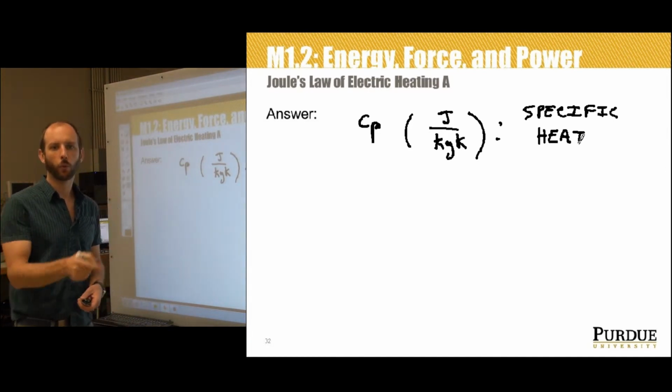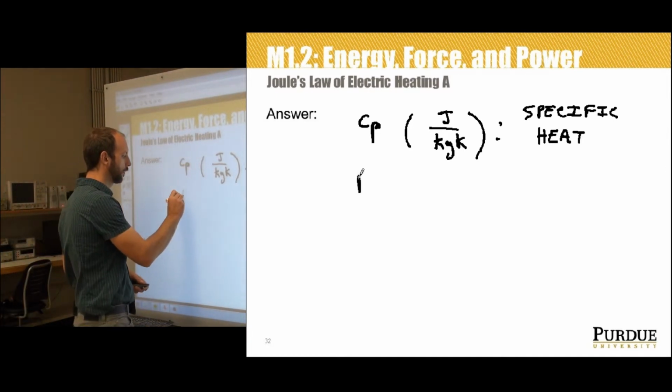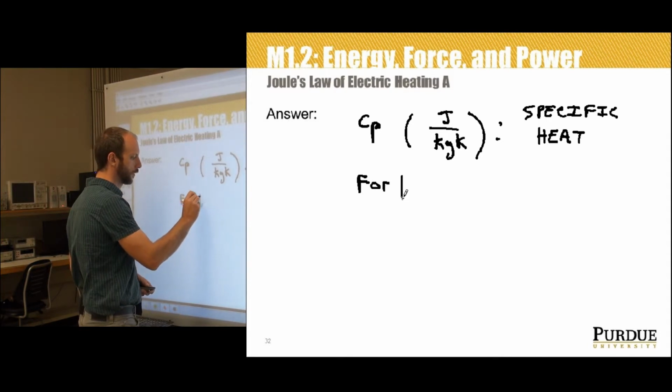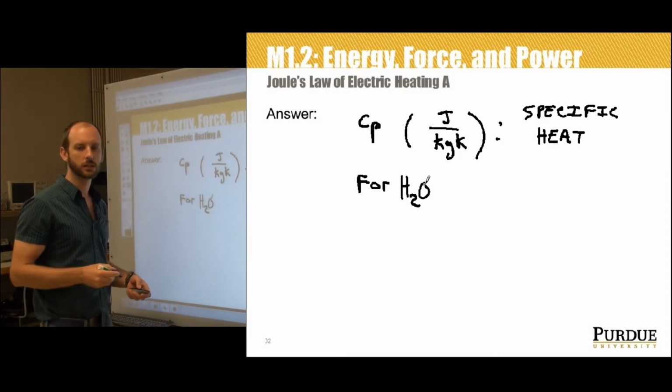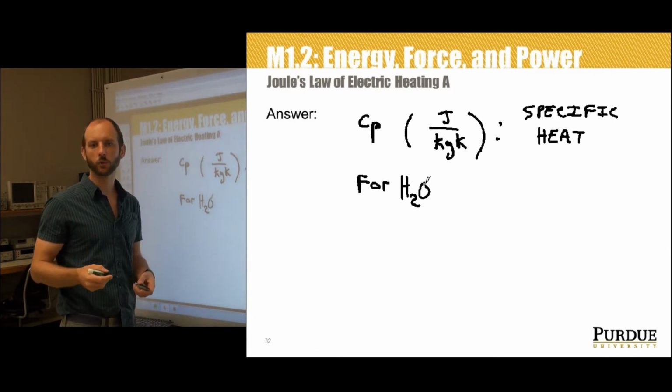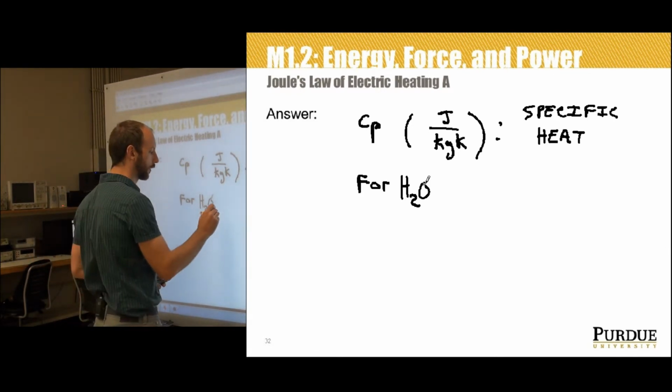For water, the specific heat is approximately 4,190 joules per kilogram Kelvin.